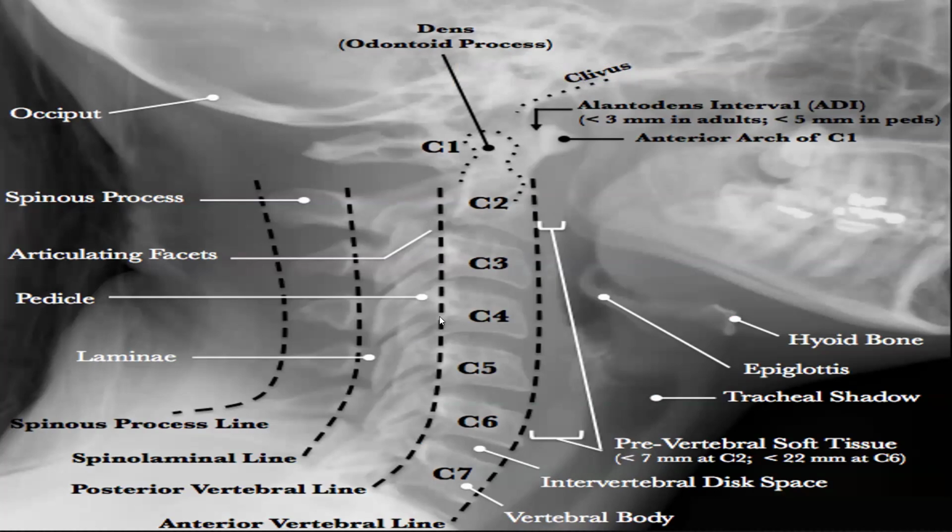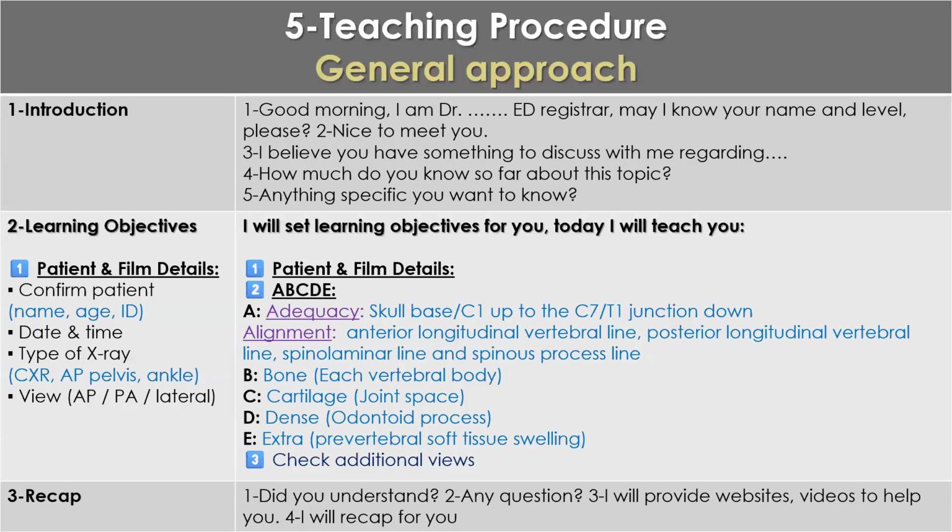It means in the back of the vertebra. And this spinolaminal line, okay? And this spinous process line. So you have 4 lines. So you have alignment, 4 lines. You should mention them. Clear now?